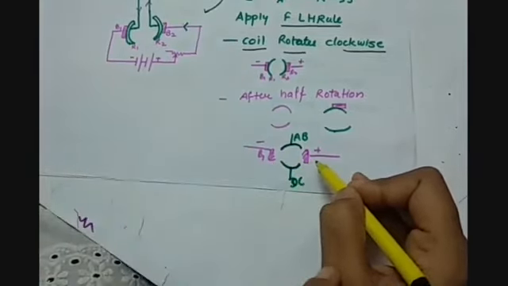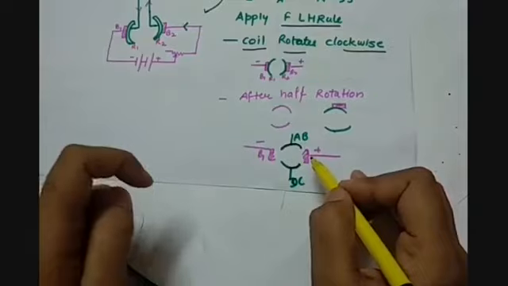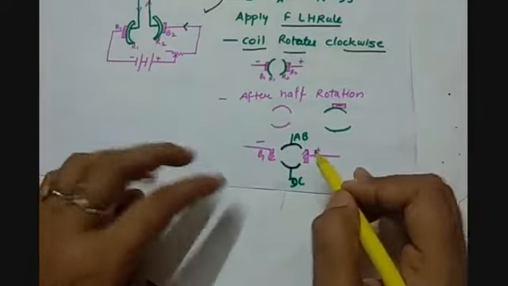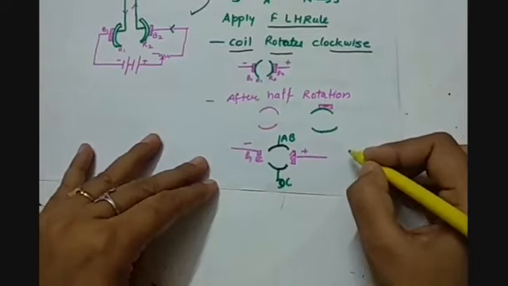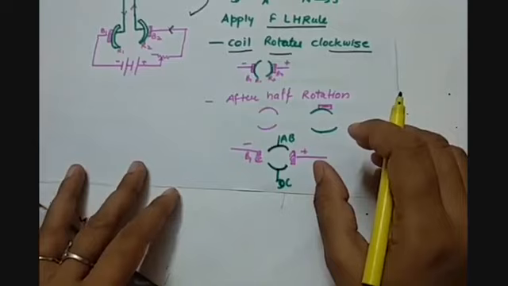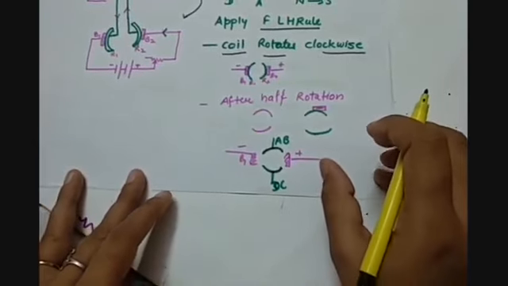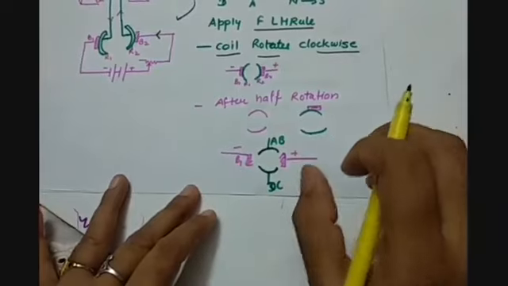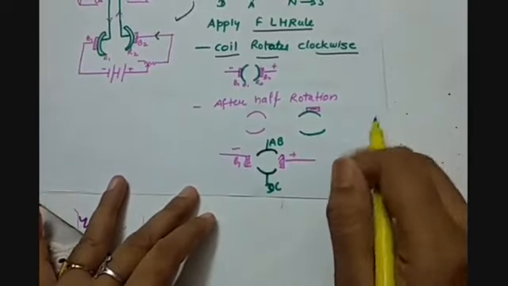So in this situation, no current will flow to the coil. That means no force is exerted, but due to the moment of inertia, as the coil is in rotational inertia, it will keep on rotating even if no force is experienced by it.